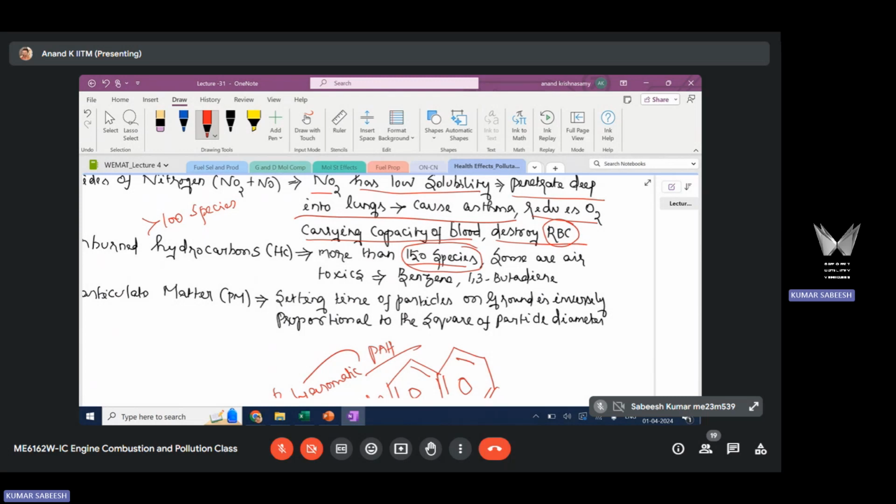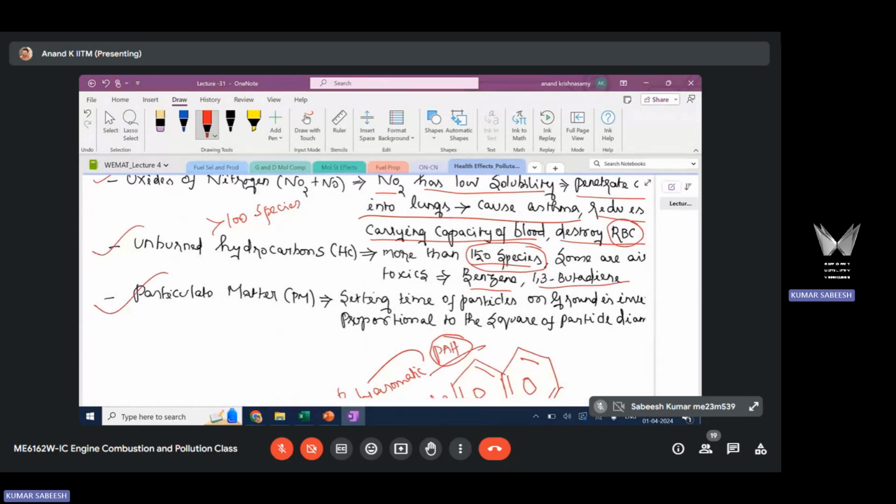You also have multi-rings, designated as polyaromatic, more than one aromatic ring structure. Once you inhale exhaust along with these species, they have the potential to cause cancer. So these are the designated toxic species, benzene and also butadiene, which is one of the hydrocarbons. All these are hydrocarbons; depending on the molecular structure, their severity of health effects is going to vary.